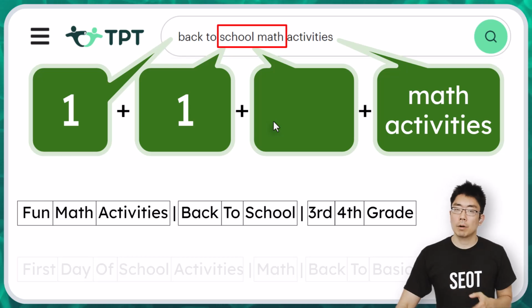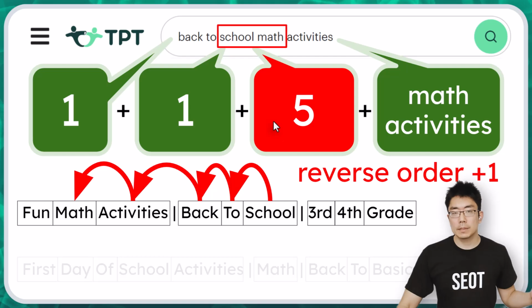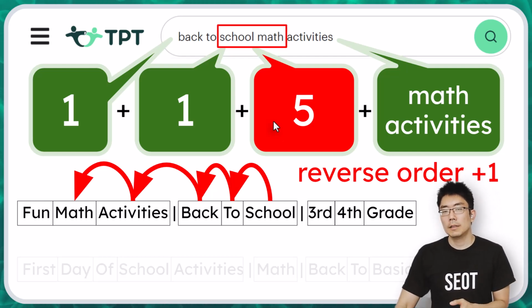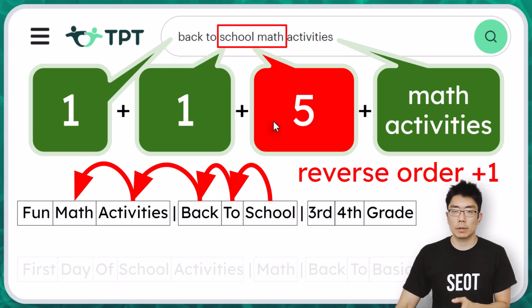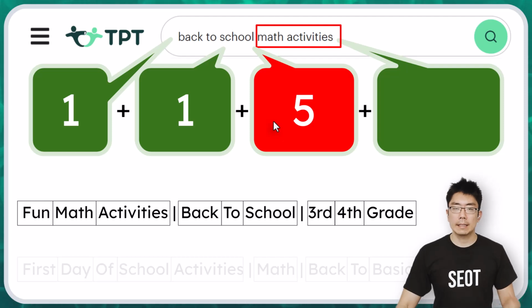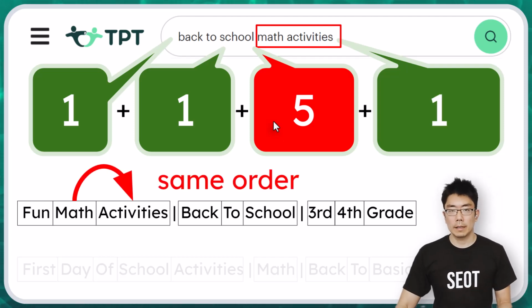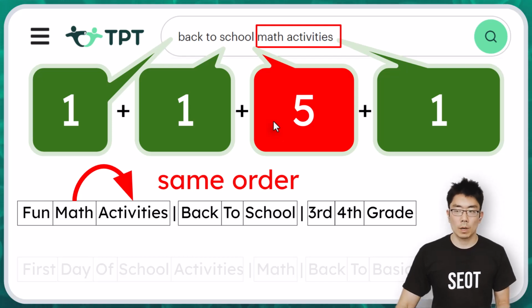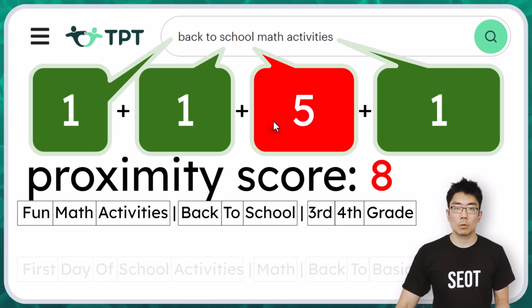But the proximity score for school math is actually in the opposite order in the product title. So even though they are 4 words apart, there's a penalty of +1 to come up with a proximity score of 5. In the last proximity pair, math activities, these are 1 word apart in the product title, and they're the same direction so the proximity score is 1, and the overall proximity score now is 8.